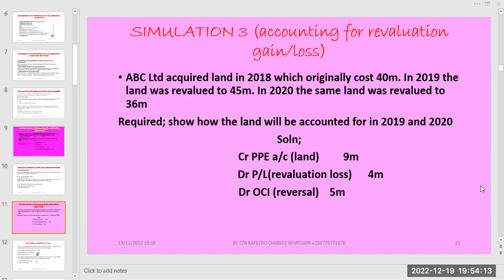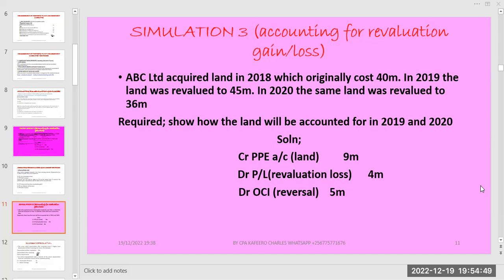In the first video of IS 16, that is PPE, we did some numbers on when we have a revaluation loss in the first place, and later on the asset is revalued at a later date, and we saw how we can reverse the previous loss using the current gain we've got.